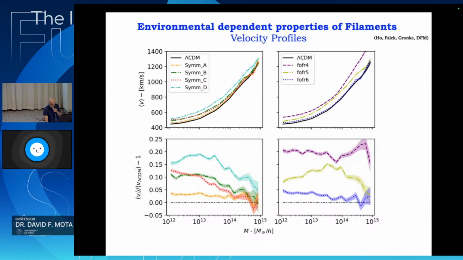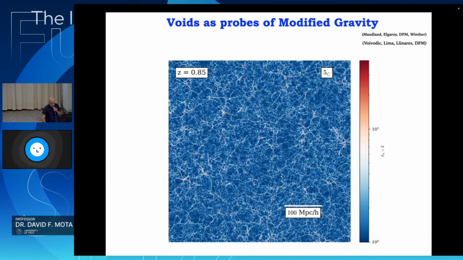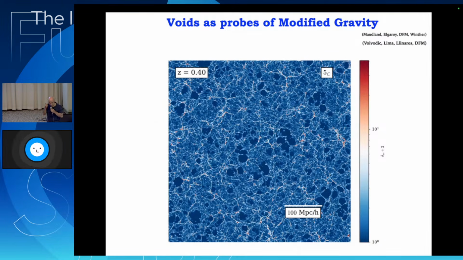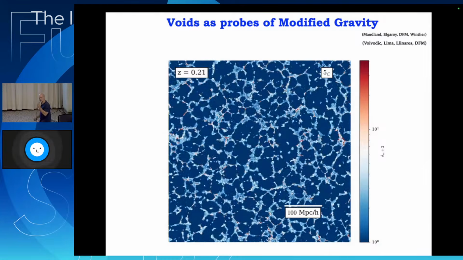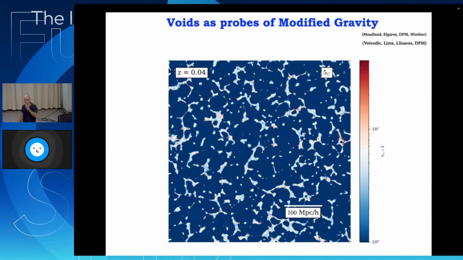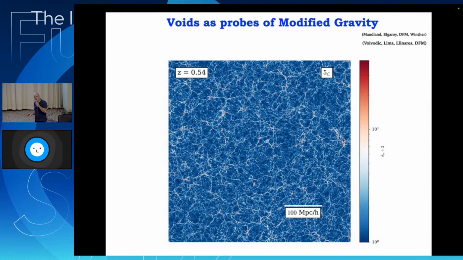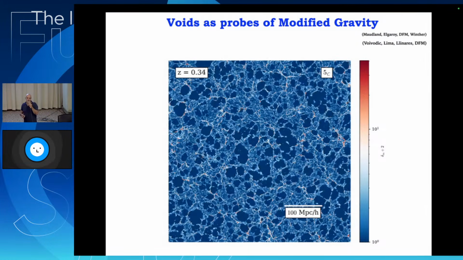Okay, so I will try to jump because I want to tell you something about this. So this is my last other probe, and then I'll jump again to something theoretical that I want to tell you about. So one of the most promising probes of modified gravity is voids.